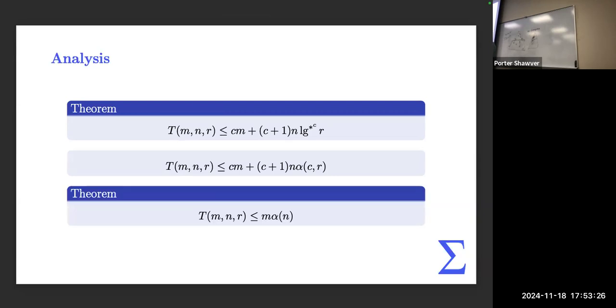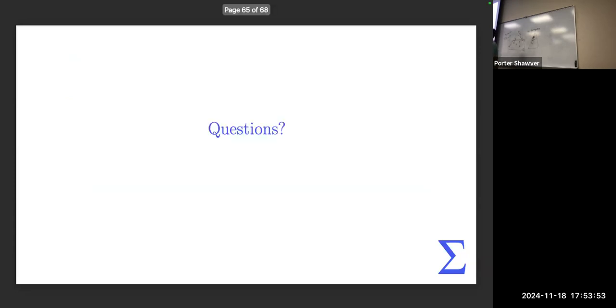And then choosing the right factor of c, we can choose c equal to alpha of n, where alpha is the Ackermann function, to get our final bound on the total number of point operations. In case we do compressed operations it is alpha n, which means in the amortized sense, compressed takes alpha of n total point operations, which is what we wanted to show.